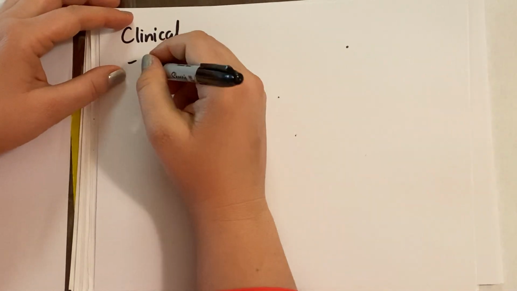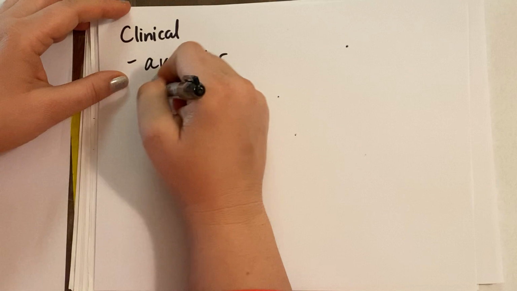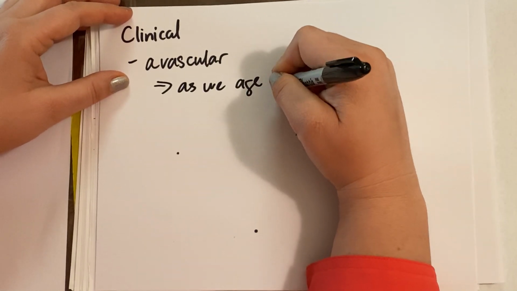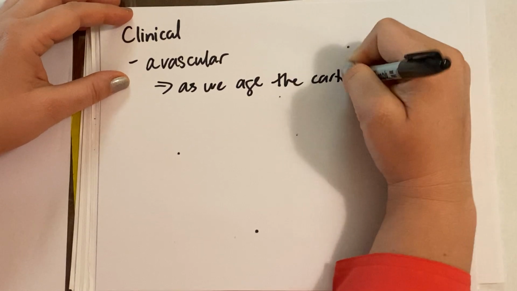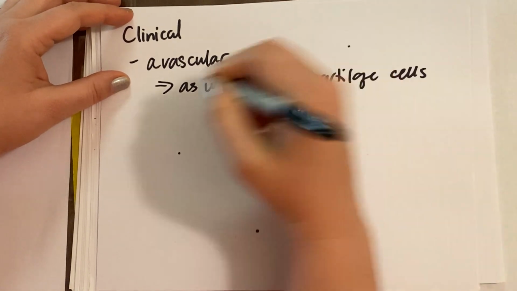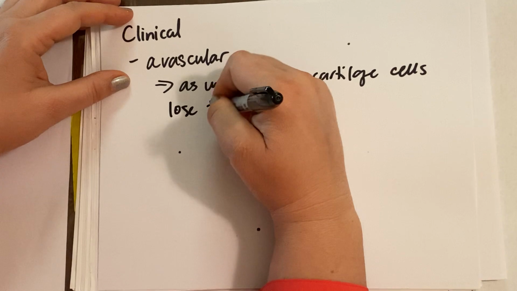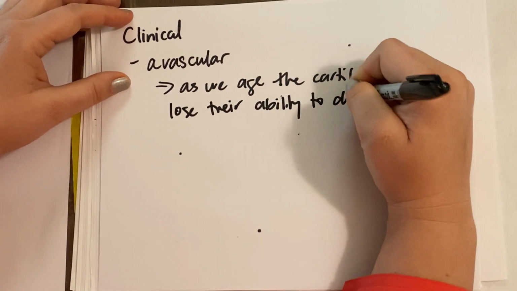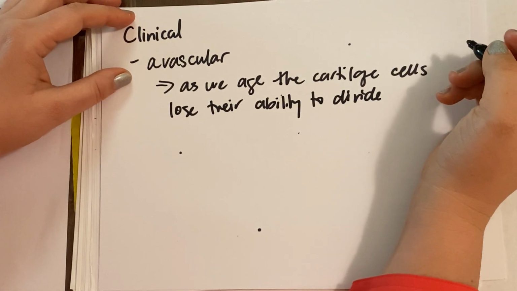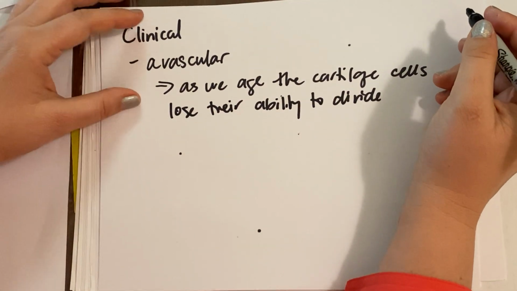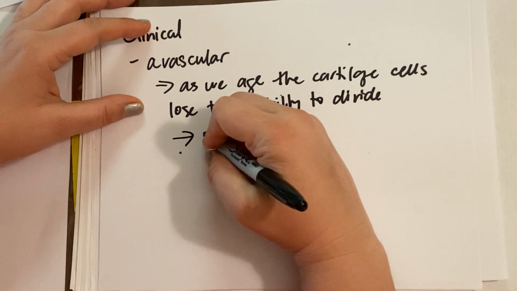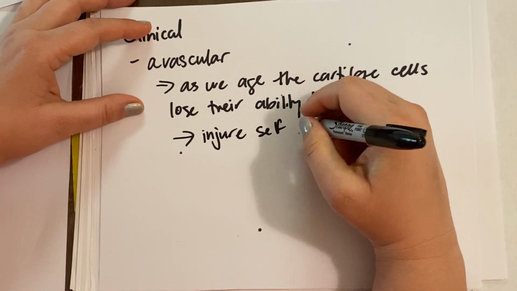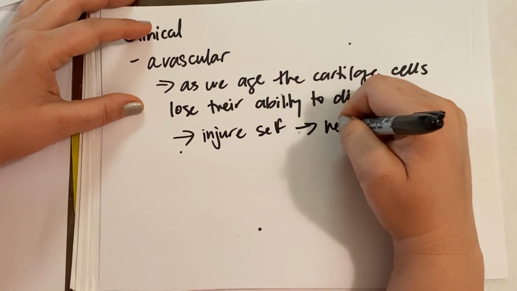And so what happens is, again, as we age, the cartilage cells lose their ability to divide. Okay, and so what that means is that if you injure yourself, it's going to heal very slowly.